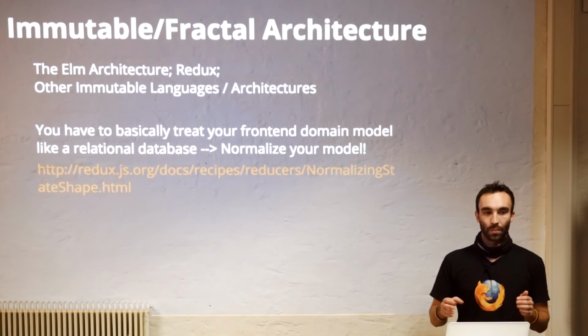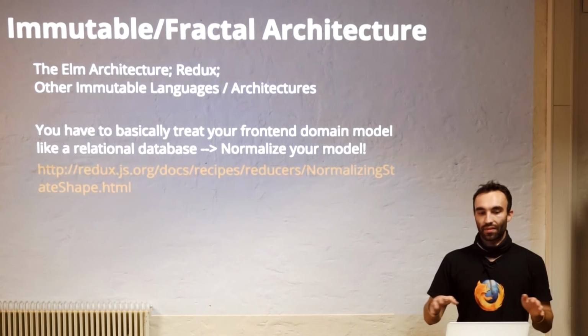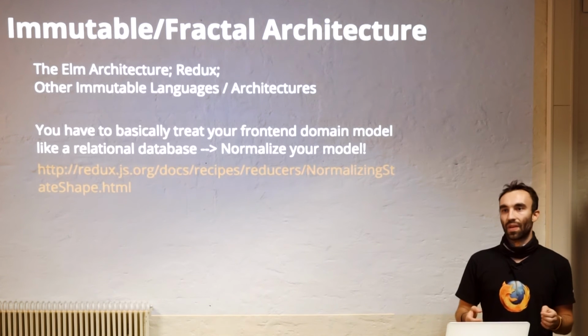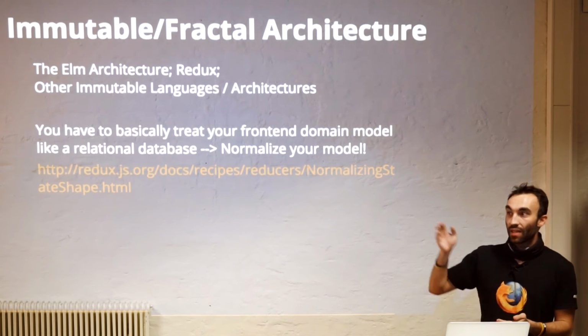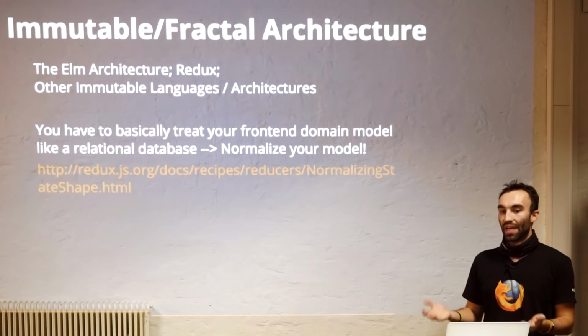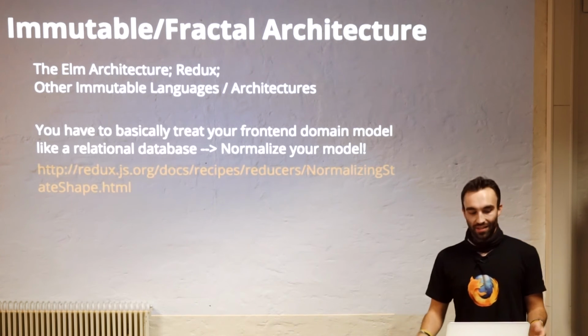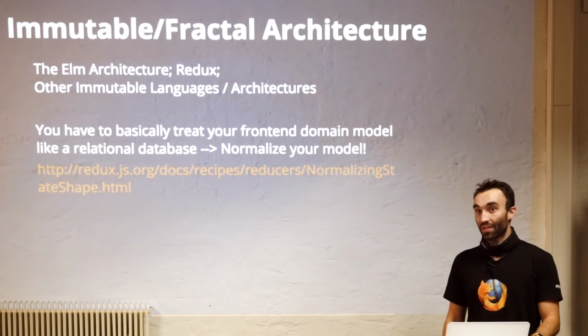So if you have highly nested models, and it doesn't even need to be highly nested. If you have a list of to-do items, that's the basic example, the to-do list is one of the basic examples of JavaScript frameworks today.